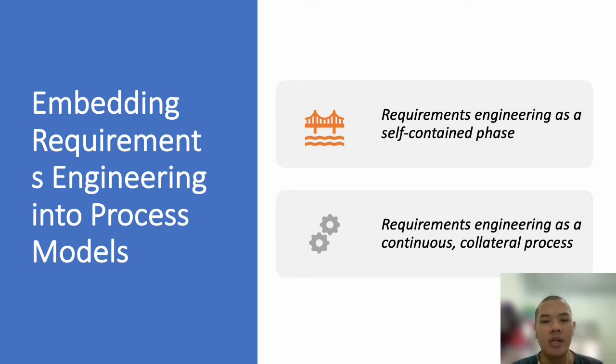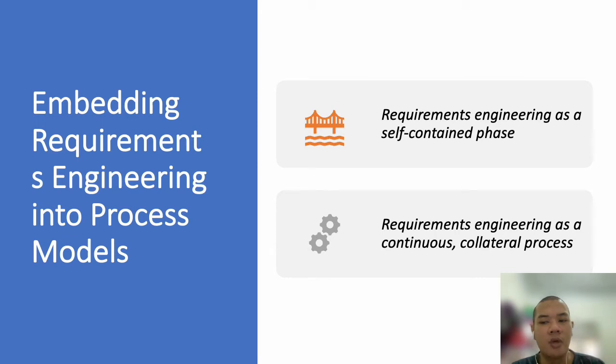And the next is the lightweight process model, for example, extreme programming. On the other hand, they only elicit necessary requirements once they are supposed to be implemented, as foretelling future functionalities is difficult and requirements change over the course of the project.